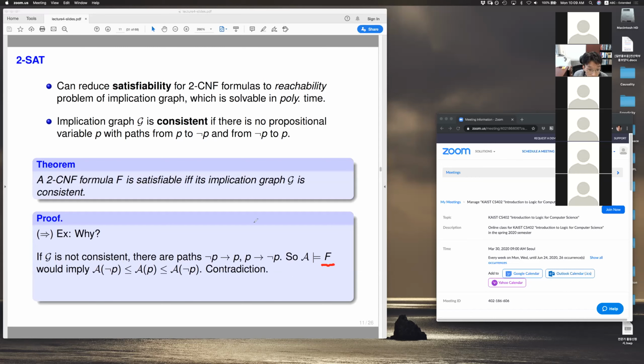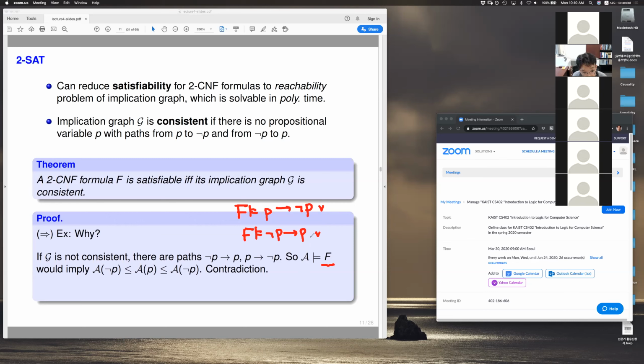Using formal notation, F entails negation of P implies P, and also F entails P implies negation of P. If the assignment A satisfies F, then A also has to satisfy both of these implications.